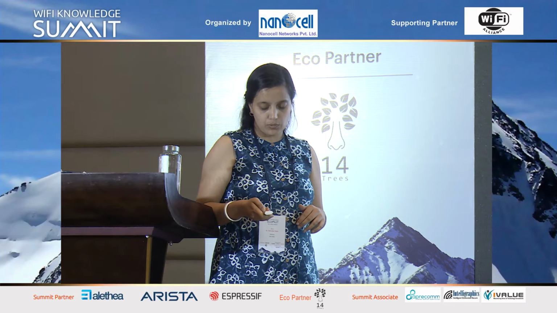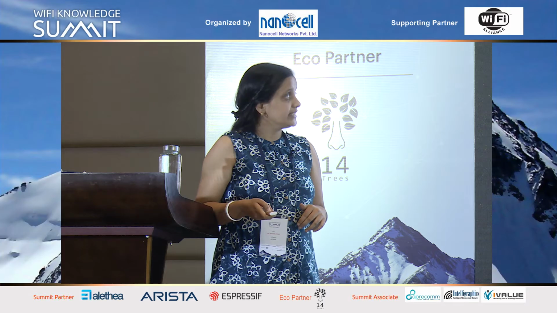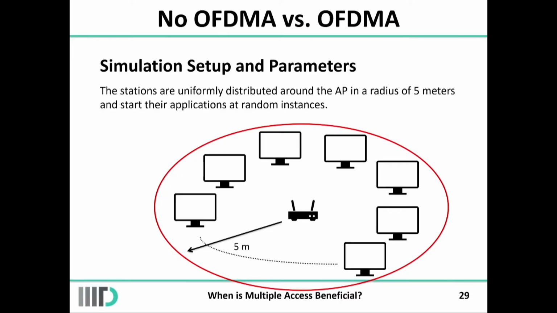This is for downlink transmission. And this is our setup: we have about 40 clients, and those 40 clients are within 5 meters of the AP, so it is very good channel conditions. Everybody is operating on MCS 11, which is the best case you can imagine. So we started with the best conditions, to see whether even in such scenarios OFDMA can give benefits.